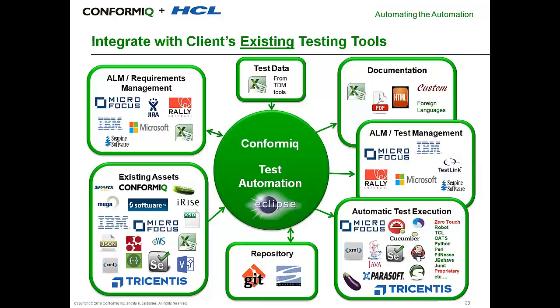This is a deep integration because we need to go from the requirements or the existing assets, and we need to take it directly to automated execution. So we have to be able to map exactly to the framework and the syntax that's being used for the actual execution environment.